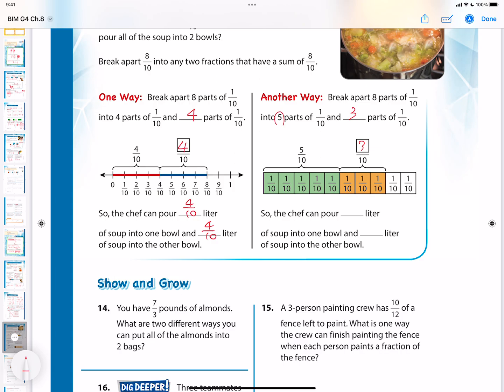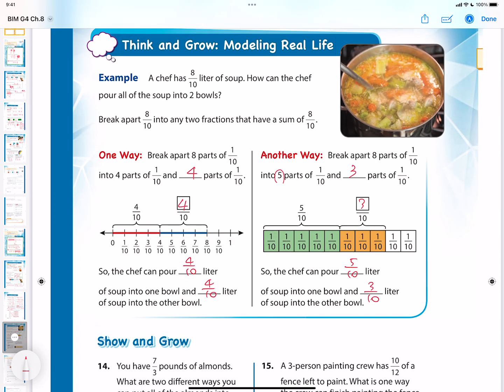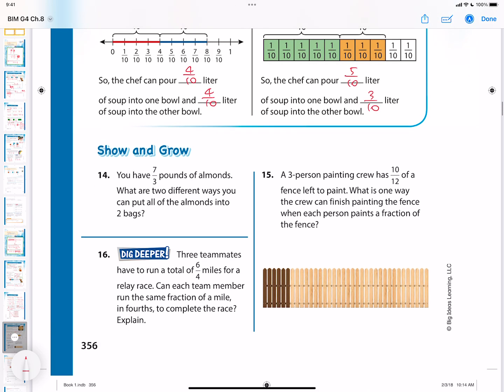So the chef can pour 5/10 liter of soup into 1 bowl and 3/10 liter of soup into the other bowl. It's not fair. The chef has to divide into equal pieces, right? Equal parts. Maybe if you see your friend's portion is bigger than yours, you might not be happy.